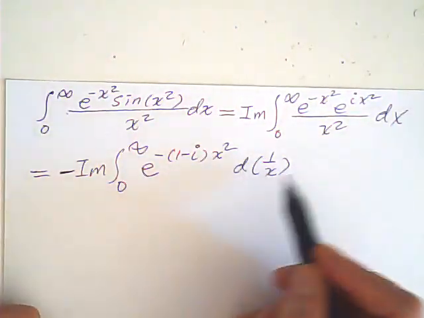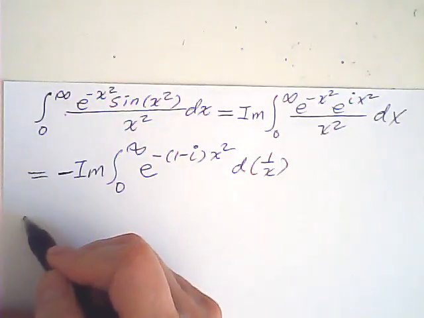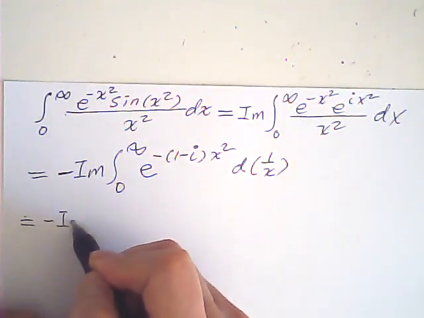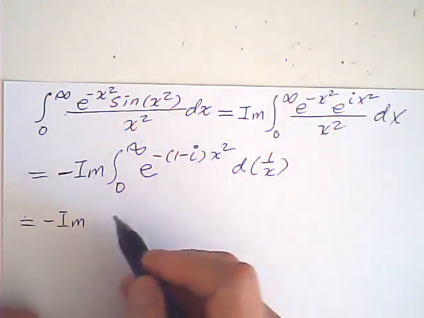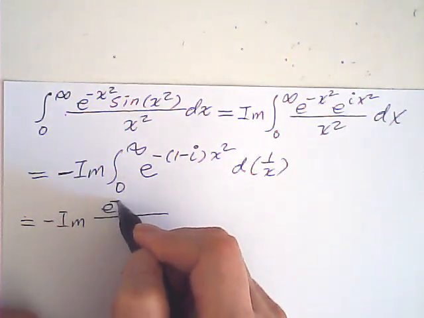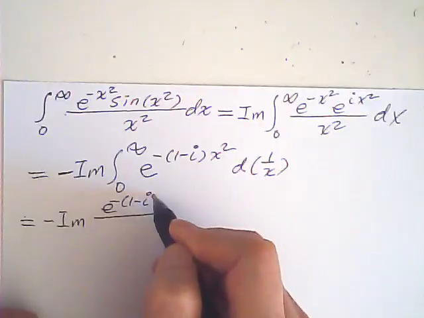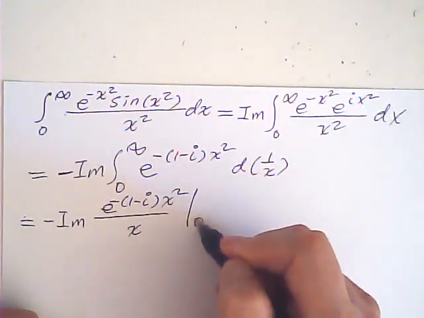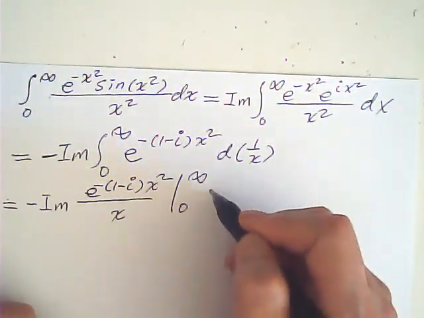Now then I can use integration by parts. This one is equal to negative the imaginary part of uv, where u is this and v is that, from 0 to infinity.